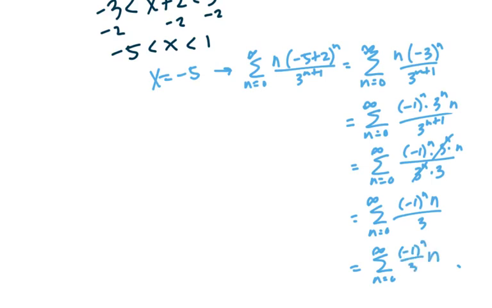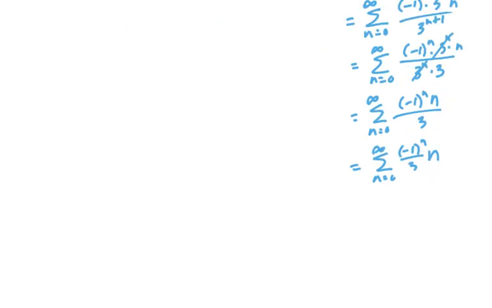Do you see the n happening right there? We can use our summation laws and bring out the 1/3. So we have negative 1 to the nth power times n. That is not decreasing, and so it fails the alternating series test. So we look at the test for divergence.